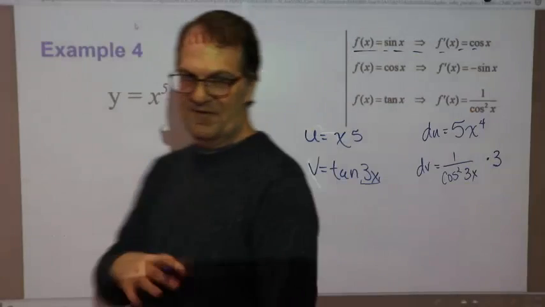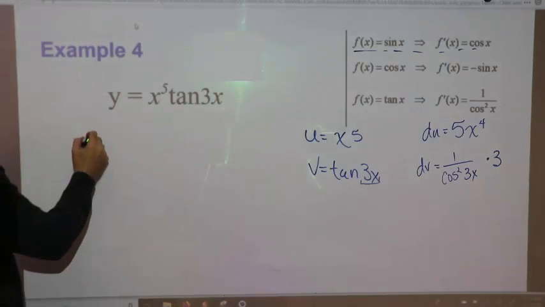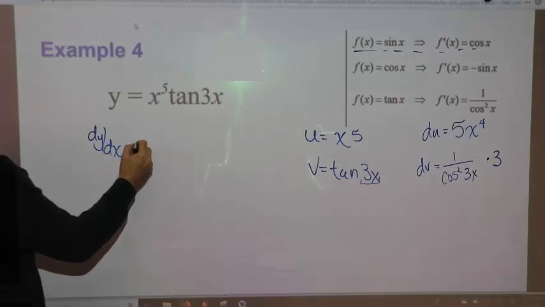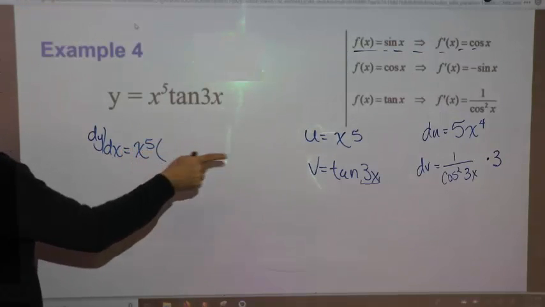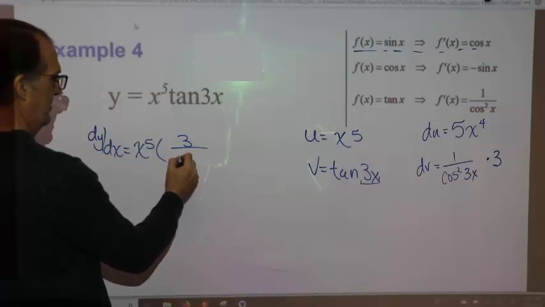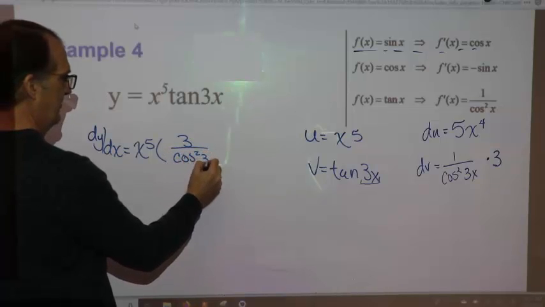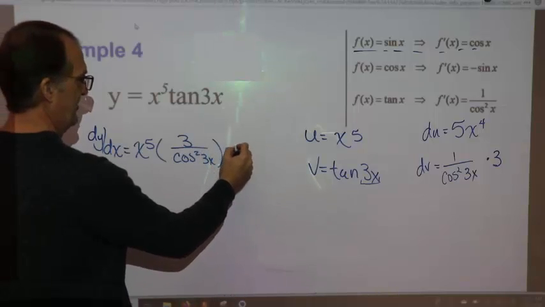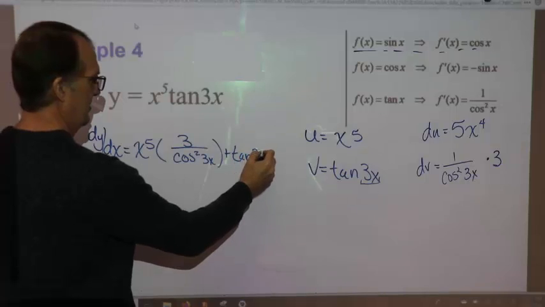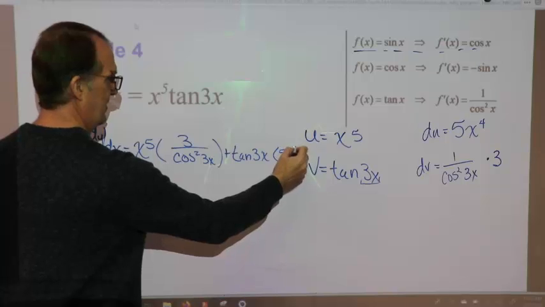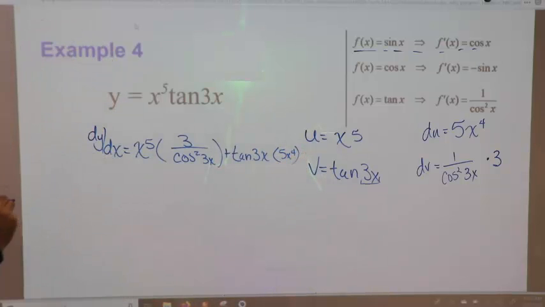Once I have, again, the 4 pieces of the product rule, I'm now ready to work out the derivative. Leave the first, multiply it by the derivative of the second. I'm going to call it 3 over cosine squared 3x, plus leave the second, multiply it with the derivative of the first. Simplify if possible.